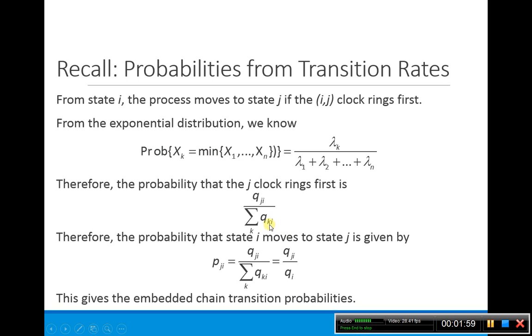If I can go from I to K, and there's a bunch of these, I sum up all those rates. This basically gives me the mean of that holding time, or the parameter for the holding time. And then I take my QJI, this transition rate from state I to state J, and divide it by that.